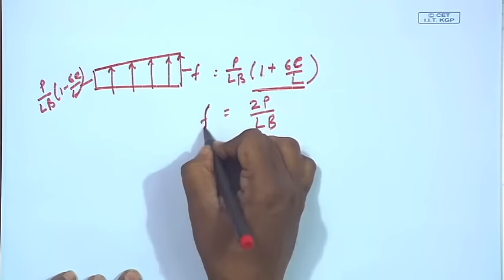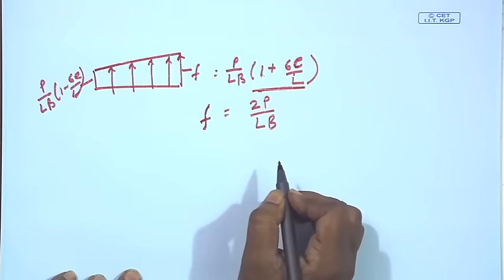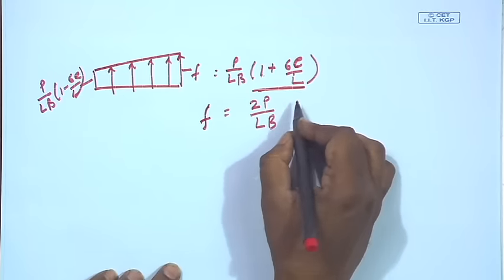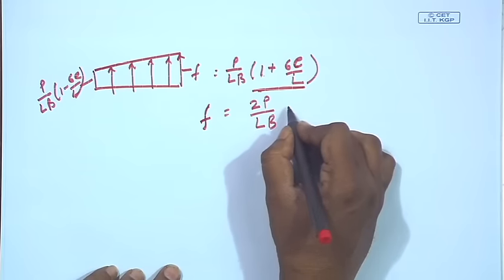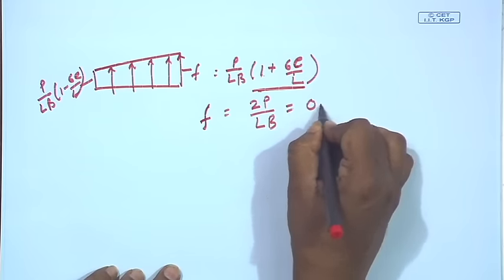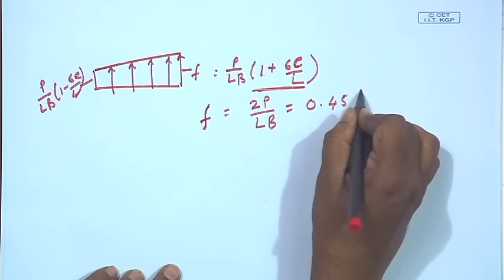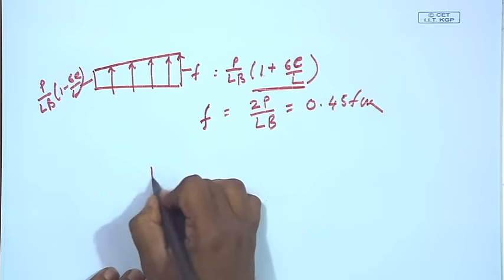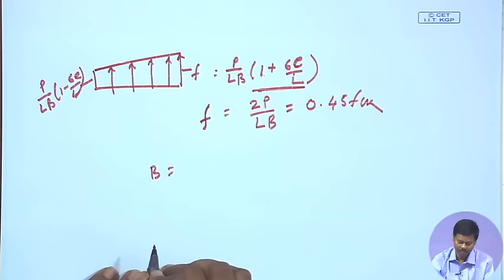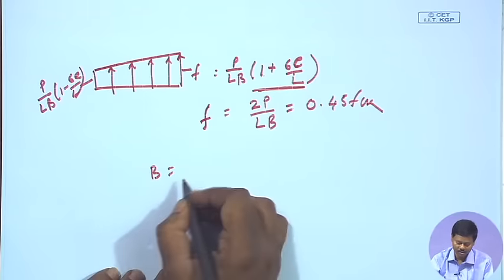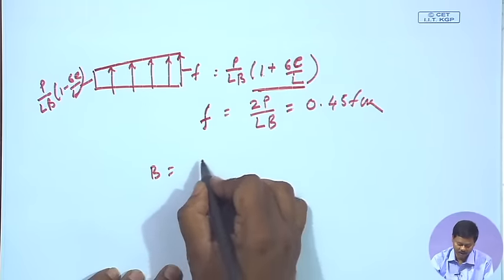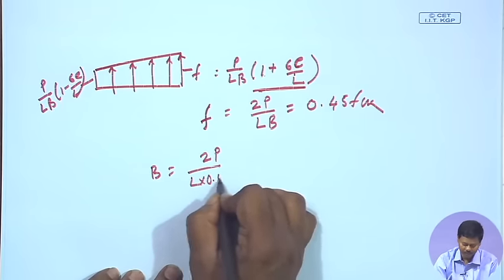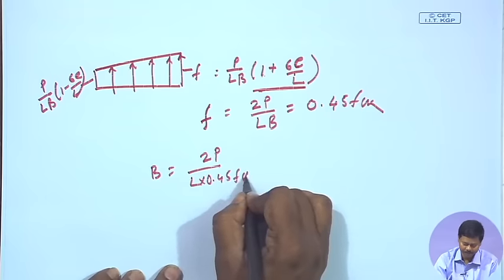The maximum stress developed at this will be 2 P by L B, and it should not be greater than 0.45 FCK, the bearing strength of concrete. If we make it equal to the bearing strength of concrete, then we can find out the value of B from here. So, B will be 2 P by L into 0.45 FCK.